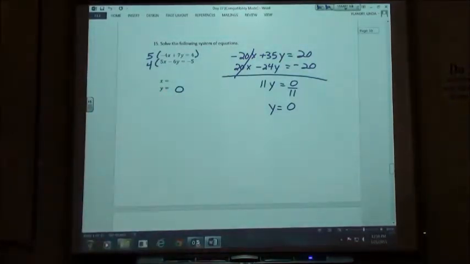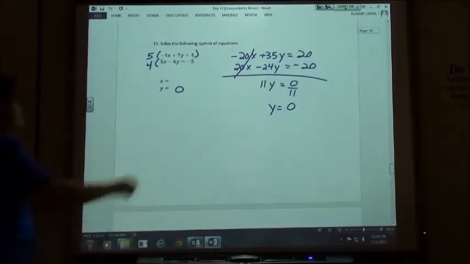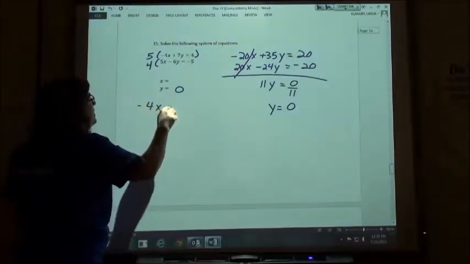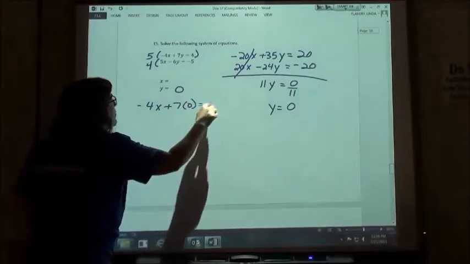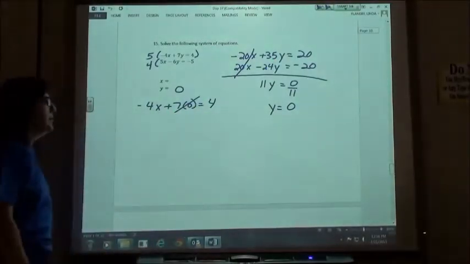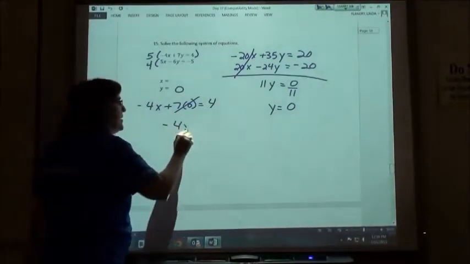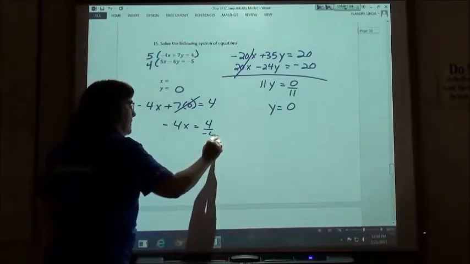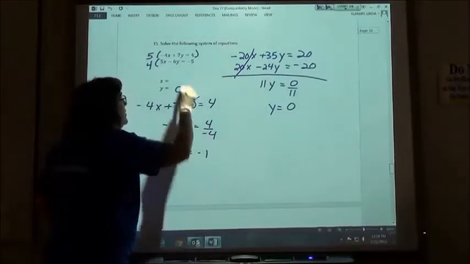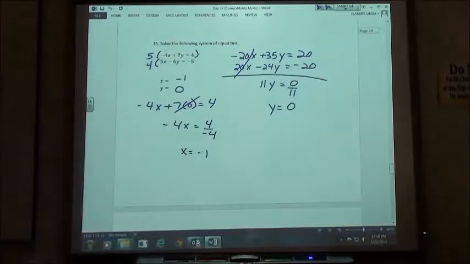Y equals 0. Plugging that in, negative 4x plus 7 times 0 equals 4. So negative 4x equals 4. So x equals negative 1.